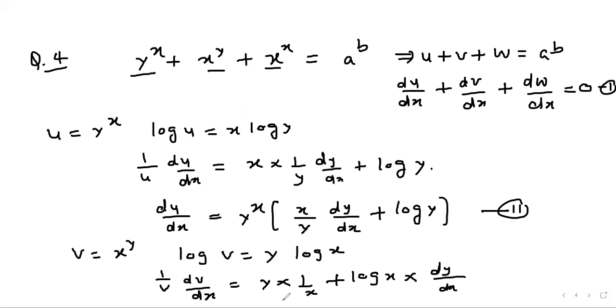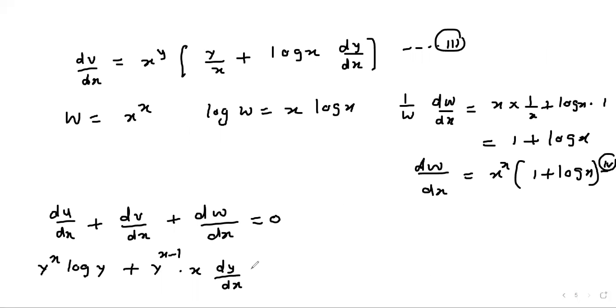Here, if we open the bracket, y power x into x divided by y, so y power x divided by y will give y power x minus 1. So don't get confused. So y power x minus 1 times x dy by dx plus, we put the value of dv upon dx.